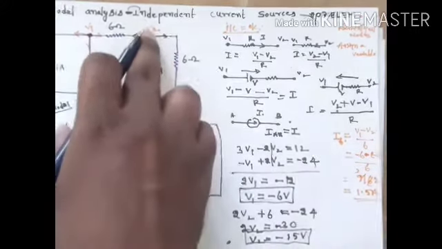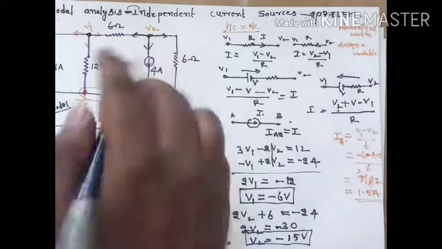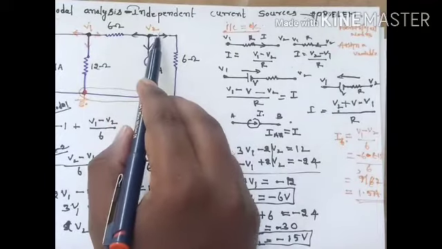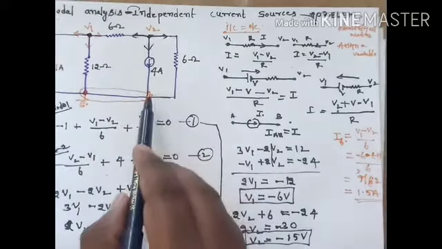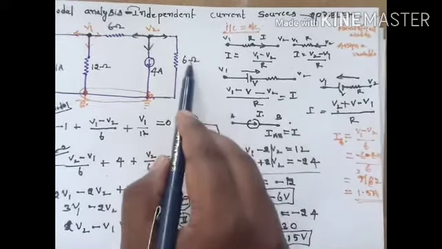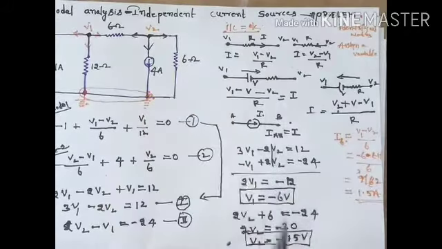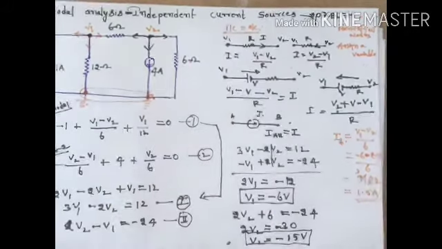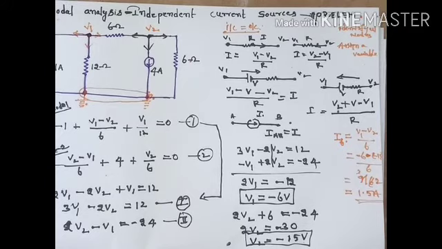If you want to find the current flowing along this other branch, we take I equal to (V2 minus 0) by 6. Already we know the V2 value is minus 15, so minus 15 by 6. Like that we have to find current values as well as voltage values, isn't it? So thank you.